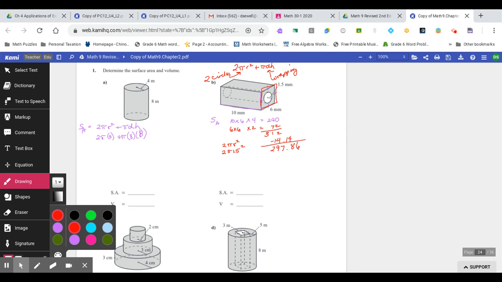I need the pi dh. So I'm going to go down here and go pi dh. So my pi is just pi. My diameter is actually 3. And the height of this is 10. So I have 30 times pi, basically. So I'll get 94. I'm going to add in 94.25.